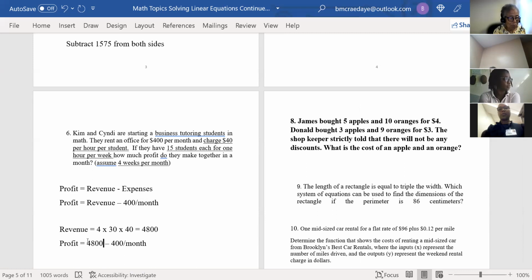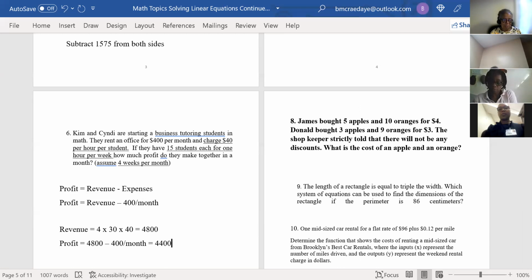The profit would be 4,400. That's a nice profit, right? Really good. $4,400 per month. That would be the profit.